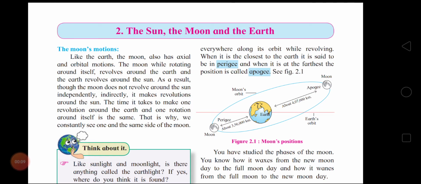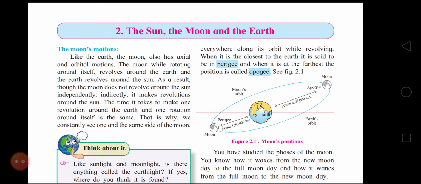Standard 7th, subject Geography, chapter number 2, the Sun, the Moon and the Earth. The Moon's motion. Like the Earth, the Moon also has axial and orbital motions. The Moon, while rotating around itself, revolves around the Earth and the Earth revolves around the Sun.